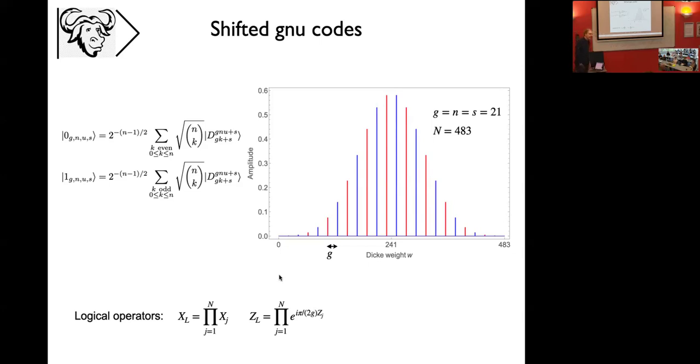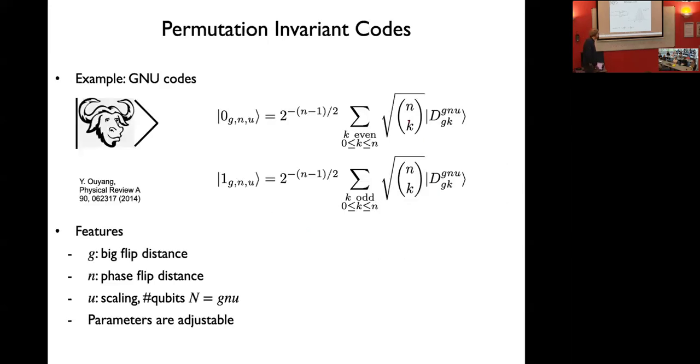What is the role of u? Is it to change the distance? u is just this parameter so that your number of physical qubits is equal to the product of g, n, and u. So why not take it to be 1? Then it's going to be fewer qubits. Yeah, so let's see.